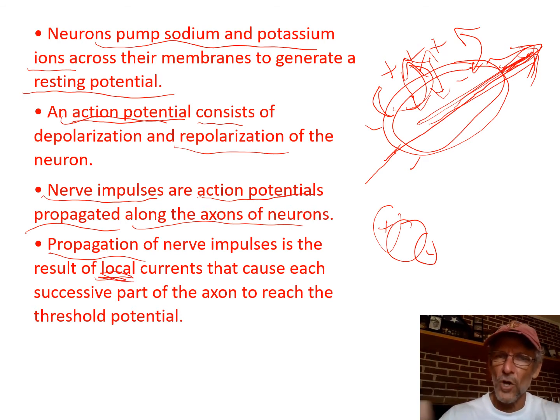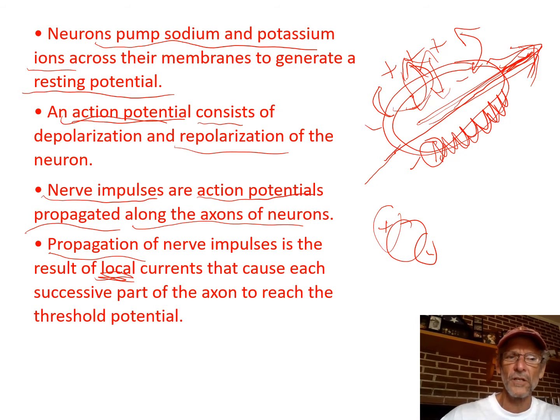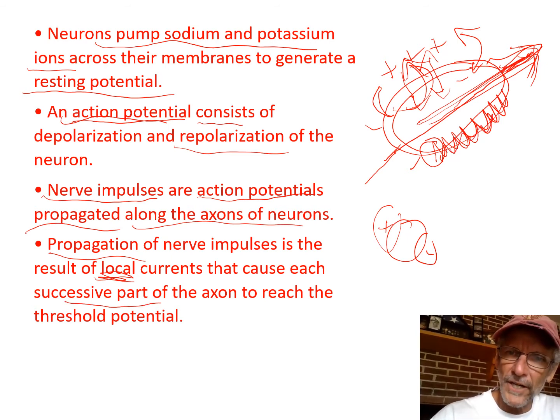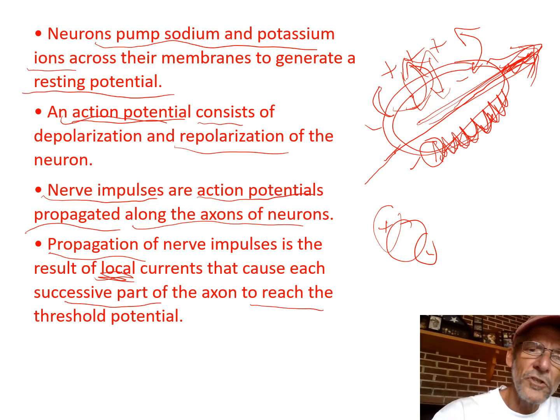A very small part of this action potential impulse is being propagated in a very small area to the next very small area. That's what that one means. That causes each successive little area of the axon, but also of the cell body and the dendrite, as we'll see, to reach the threshold potential.